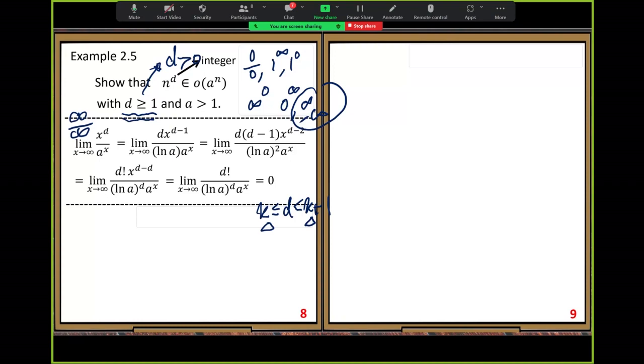Now let me write the critical step. You can see how we bridge the gap between integer and non-integer.